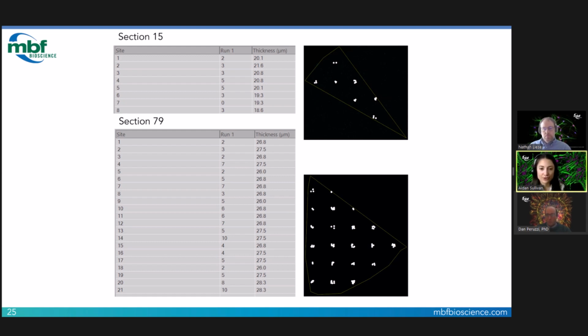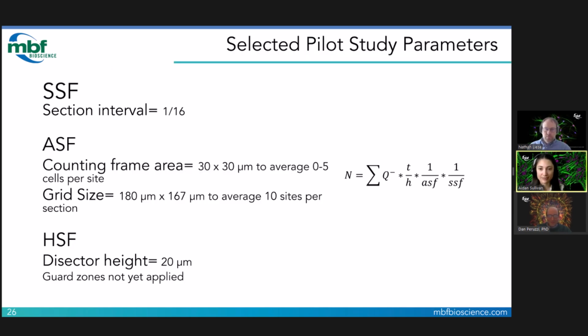But let me show you the results that we achieved using these sampling parameters that we selected earlier for this pilot study. To remind you, I selected a 1 in 16 section sampling interval, chosen to count 10 sections throughout my region.